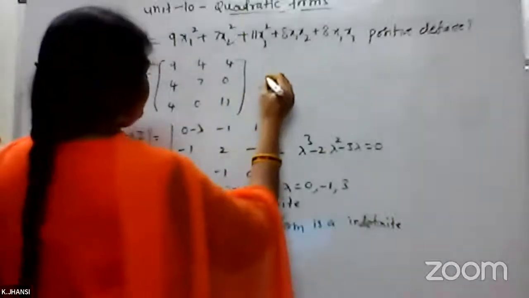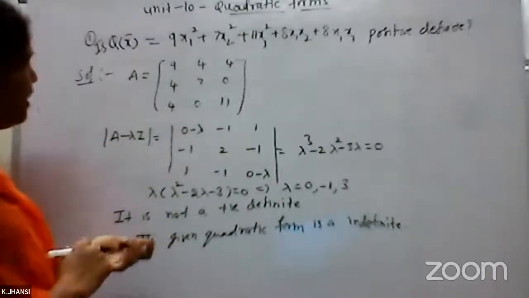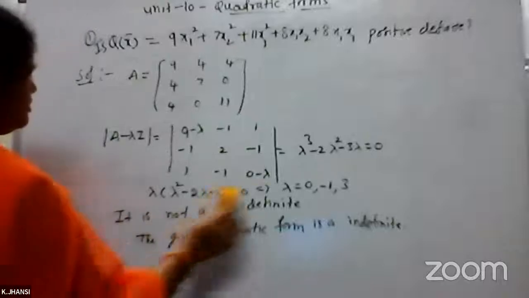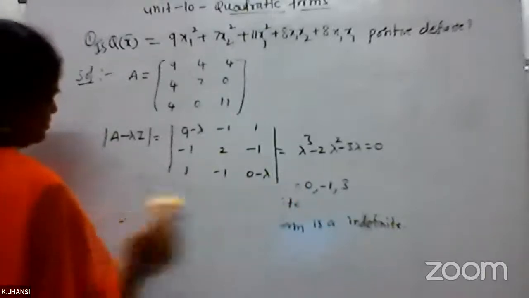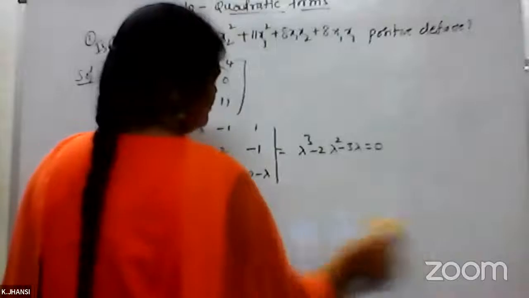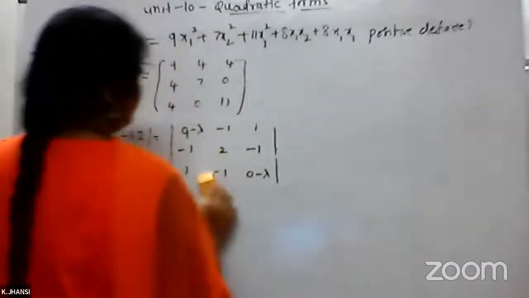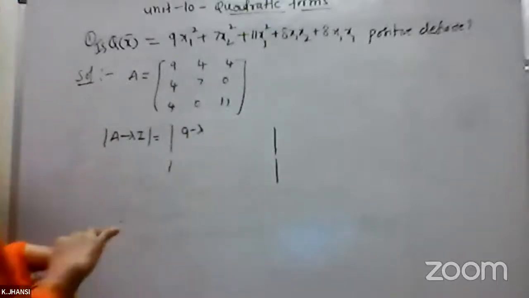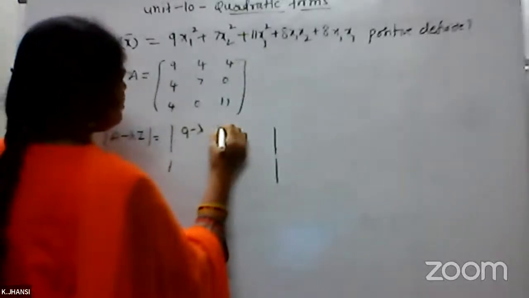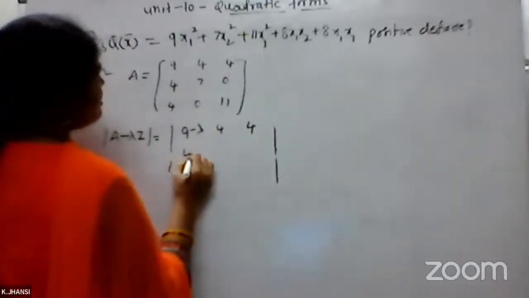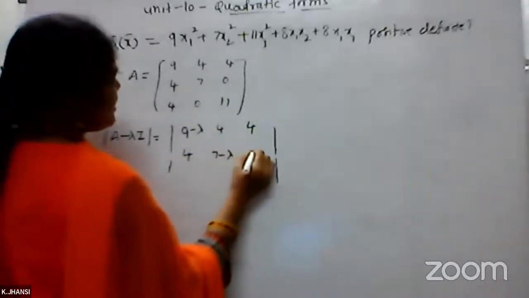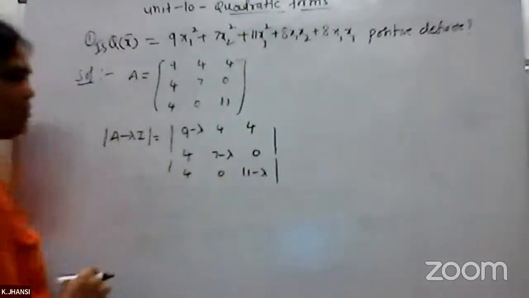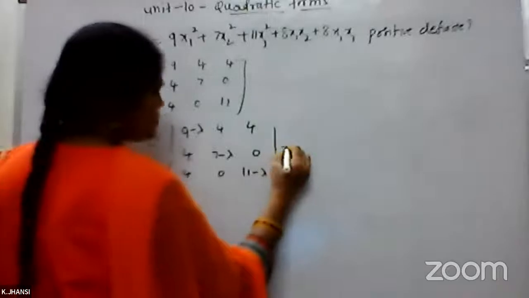Now find A minus lambda I. So A minus lambda I means 9 minus lambda, 4, 4; 4, 7 minus lambda, 0; 4, 0, 11 minus lambda. This you equate to 0.